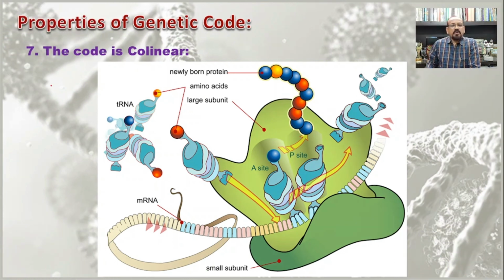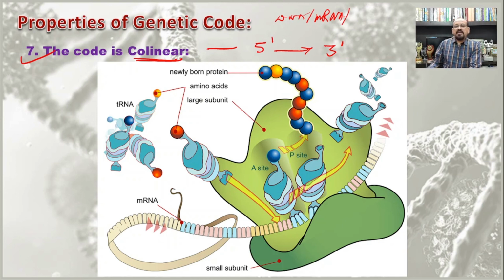Then the last property, that is the code is collinear. As we have seen earlier, the information is read from 5' to 3' direction. That may be DNA, that may be mRNA.